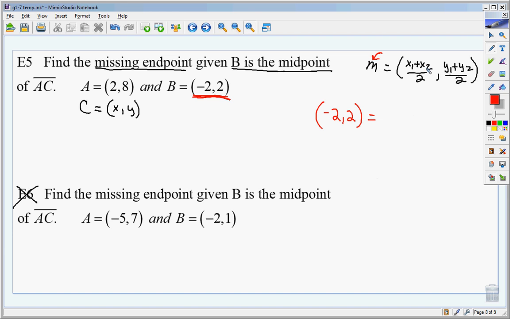x1 and x2. I can replace one of them with a 2. The other one I'm going to let stay an x. y1 and y2. I can replace one of them with an 8. The other one I'm going to let stay y.